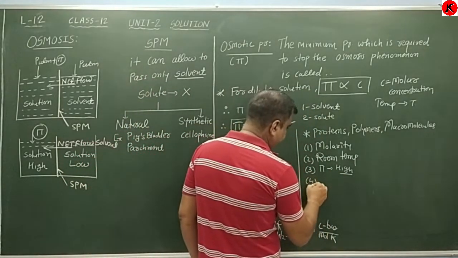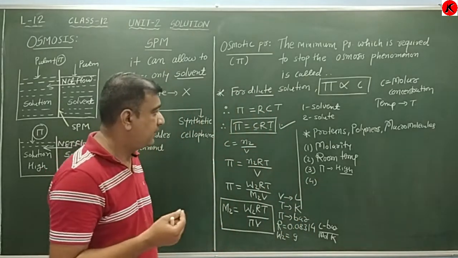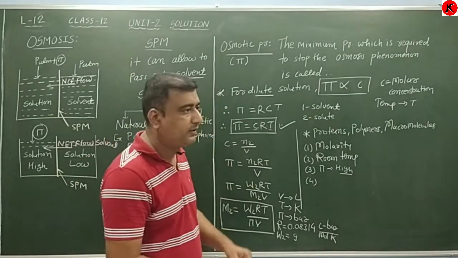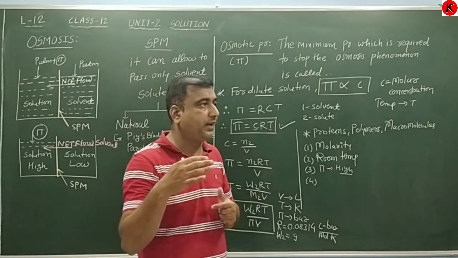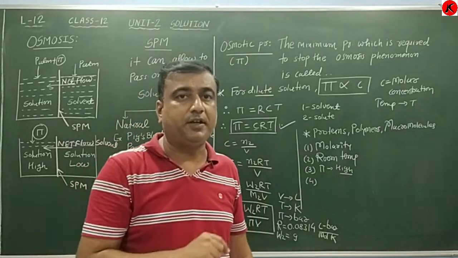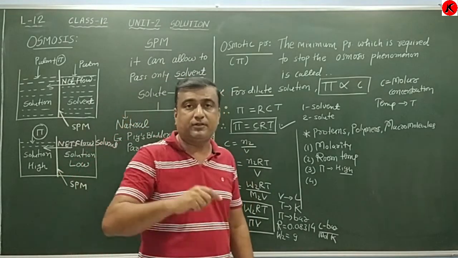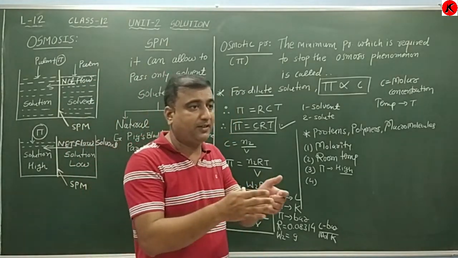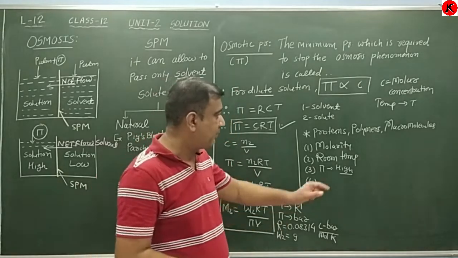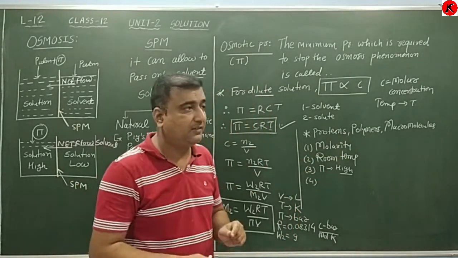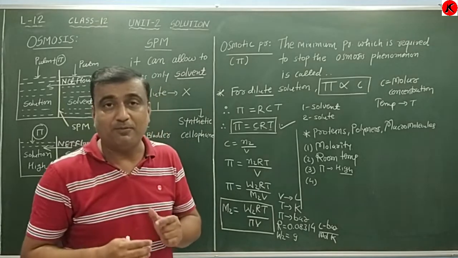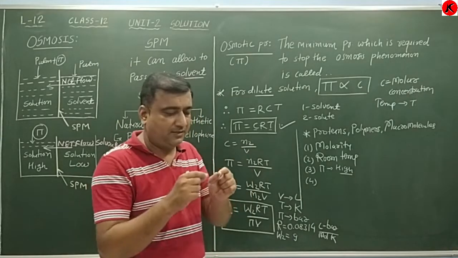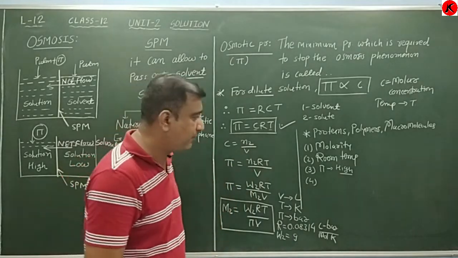Now the fourth one. Suppose we want to measure the molar mass of biomolecules, then using the elevation in boiling point method, heating is required. Biomolecules are unstable at higher temperature. Again, suppose we are calculating the molar mass of polymers, they have low solubility, so it is difficult to measure the change in value of other colligative properties.